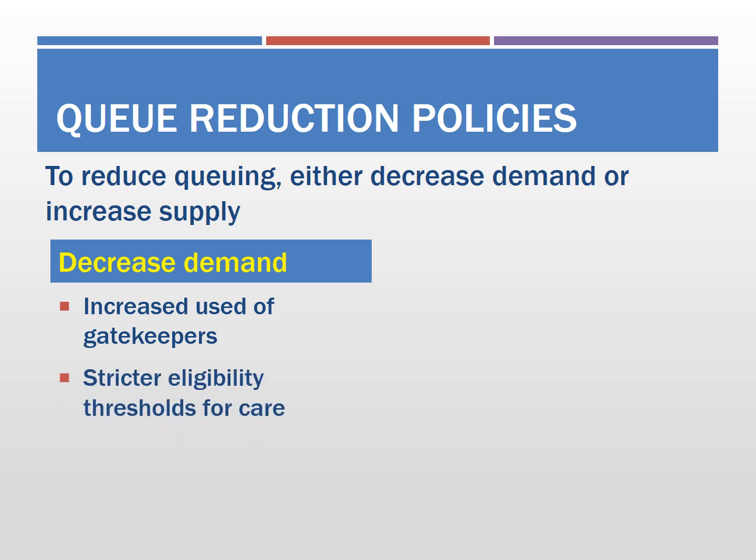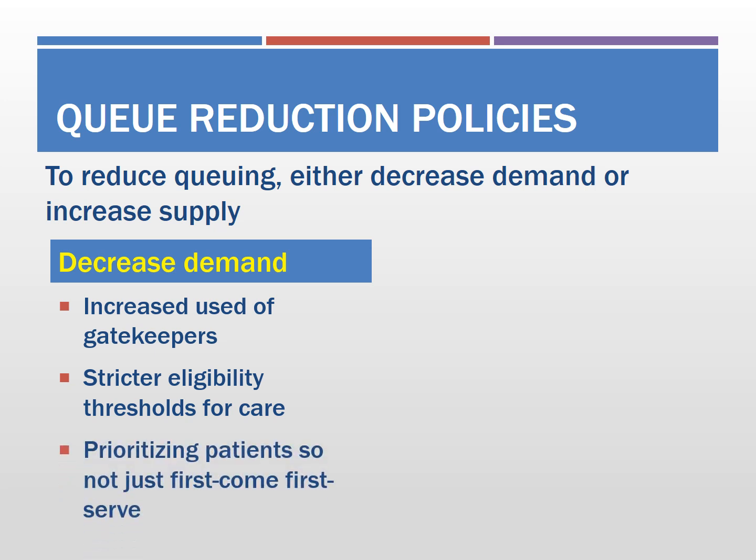Another way to decrease demand is to set stricter eligibility thresholds for the care, a much stricter rule for access, so that only people meeting certain criteria get the service. And also prioritizing patients, so not just first come, first served, but other ways to prioritize different types of patients or different needs.